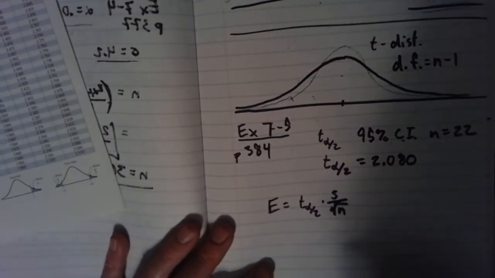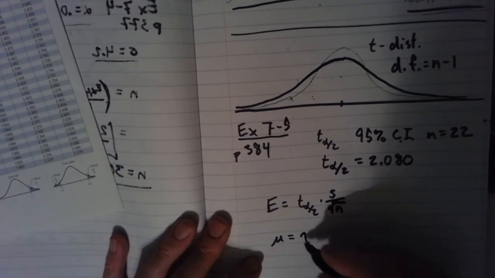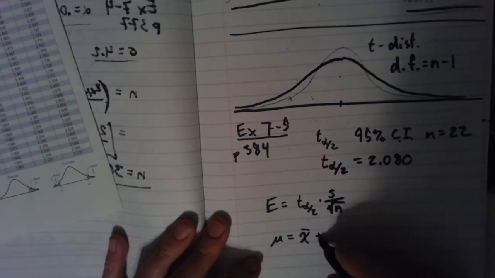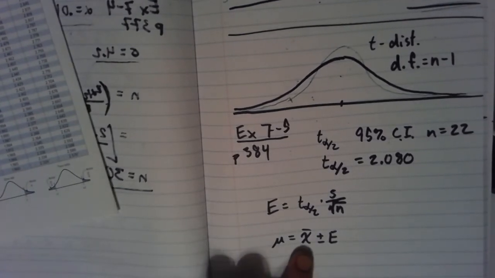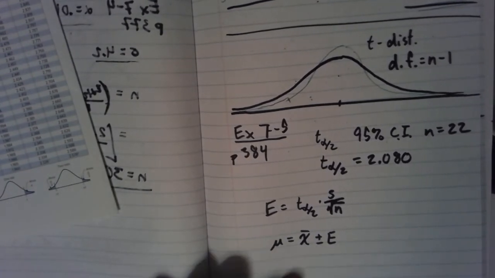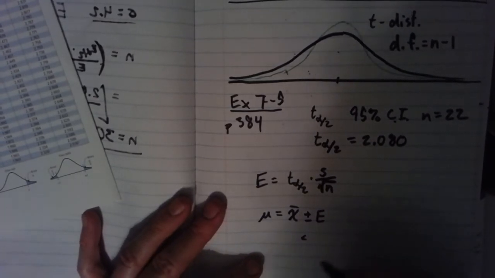Okay. And then the second thing is, I'll say it the same exact way that I said it in the last section. I knew there was a reason I wanted to do it this way. It's that mu is equal to x bar plus or minus E. What do I really mean by that?